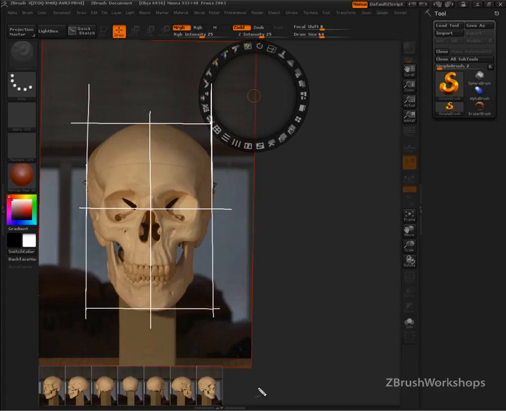Okay, now let's figure out first and foremost where the halfway point is in the width. Make sure that we have a clear unit of measurement for that. So here's our halfway point, slightly towards the outside of the eye. Then let's divide that halfway point in half so we can start to get eighth of a head units. Okay, so we've got eighth of a head, and notice what we have here.